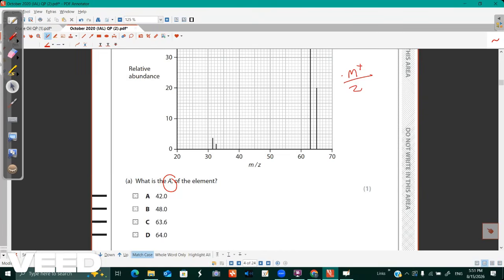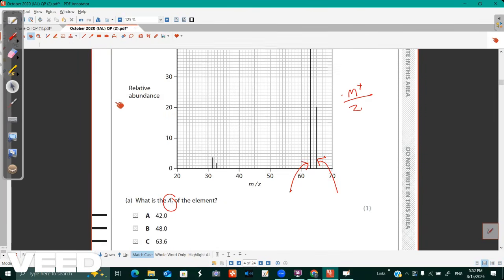So when you are looking at the AR, you have two isotopes. Can you see? There are two isotopes. One isotope is what? And the relative abundance you have to look at, right?